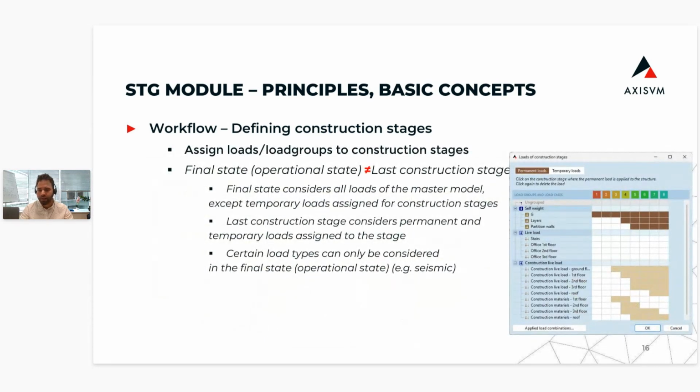Namely, that the final state, which is the operational state, considers all loads of the master model except temporary loads assigned for construction stages, while the last construction stage considers permanent loads and temporary loads assigned to that specific construction stage.